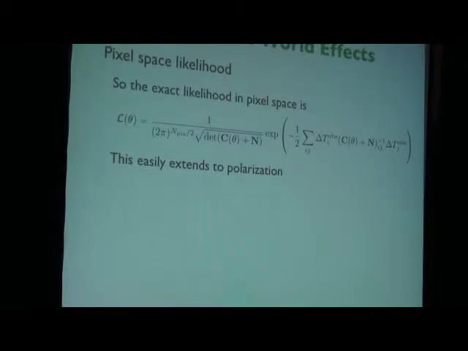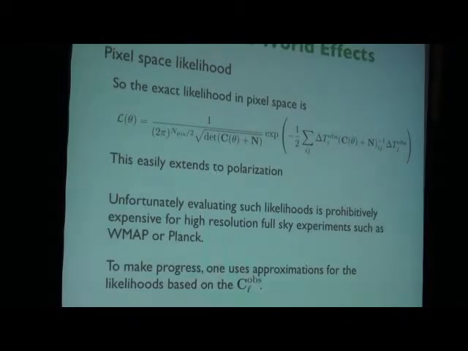So in the case of polarization, if you want to include polarization, you just define not just the vector of the temperature fluctuations, but a vector of temperature fluctuations and then Q and U fluctuations, and have a bigger matrix that includes the TQ, TU, and so on correlations. Now, the problem with this is, if this were something we can easily evaluate, we would be done. This is the exact likelihood, assuming that we're in a universe that's Gaussian. The problem is that this is very difficult to evaluate in the experiments we're typically interested in.